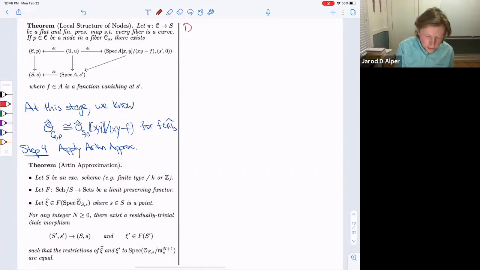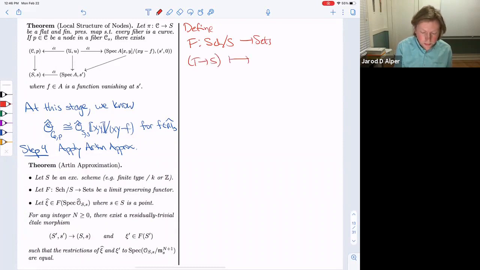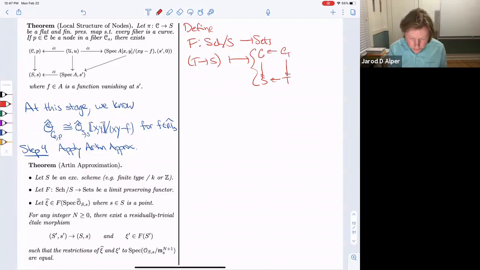So let's define a functor F from schemes over S to sets, where the scheme T over S goes to the set of diagrams, where T maps to Spec of the ring, and this maps to Spec.